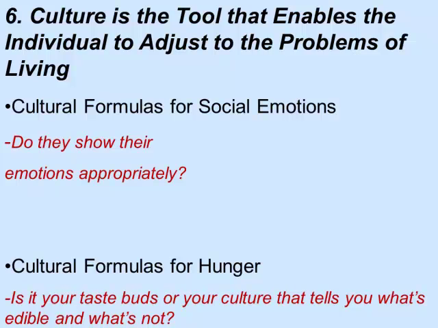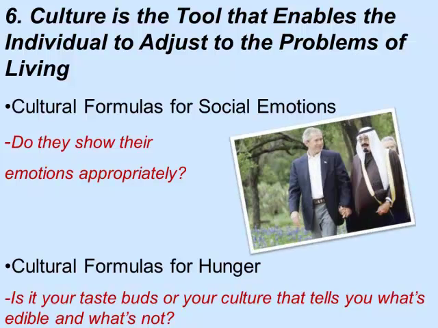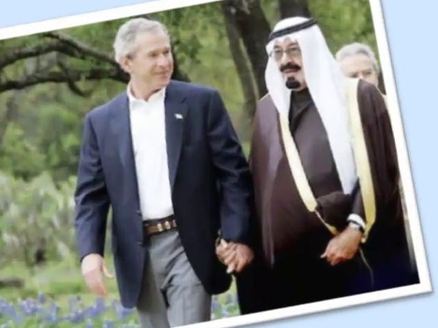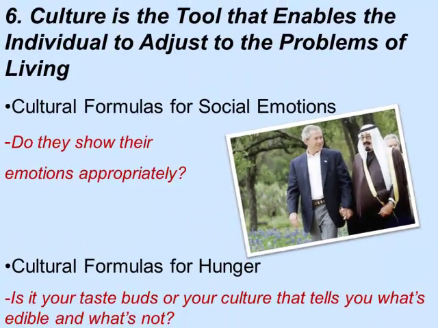In some countries, you wear black clothes to the funeral and cry, while in others you wear white clothes and laugh. In this picture, do they show their emotions appropriately? Well, in this society, this would not be an acceptable way to indicate your friendly attitude, two males holding hands. But in Saudi Arabia, it is.